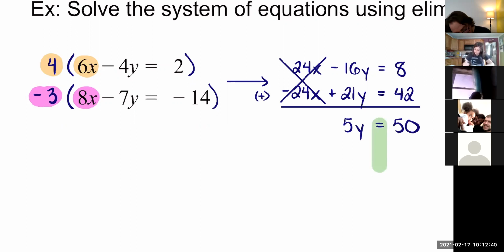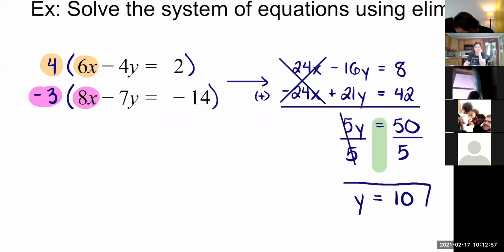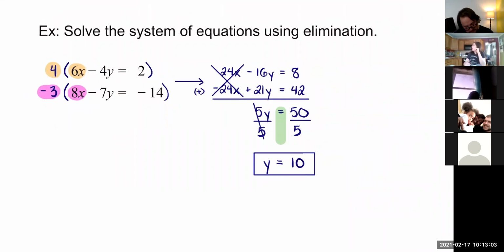And just like all the way back to the perfect case we did before, we have a one-step equation. This time we're going to divide both sides by 5. And it's going to leave us with y equals a positive 10. So again, once you find the first variable, it gets a little bit easier.